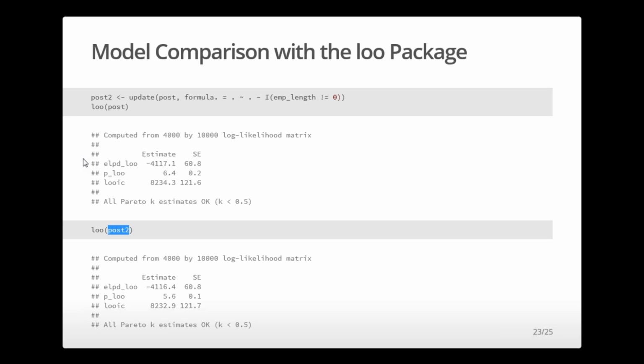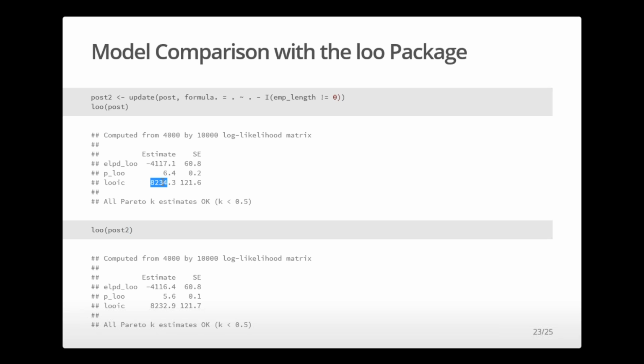But the bottom line is that both of these models are expected to predict future data about the same. Sometimes there's a greater difference, and you can say more conclusively that this model is better than that model, but in this case they're pretty much equivalent on this criterion.